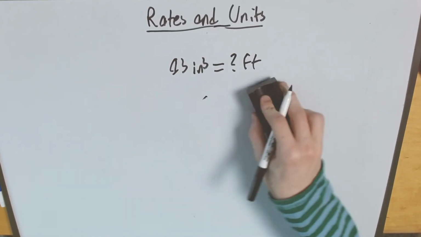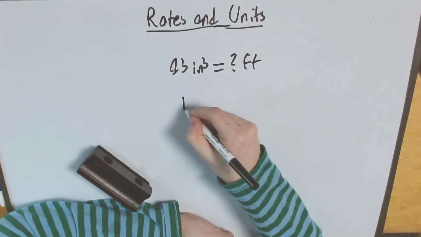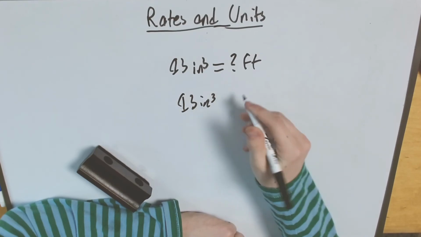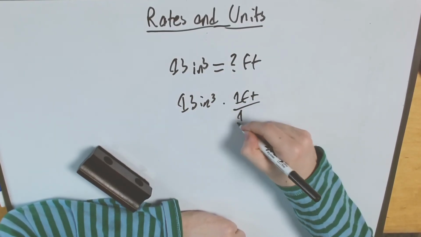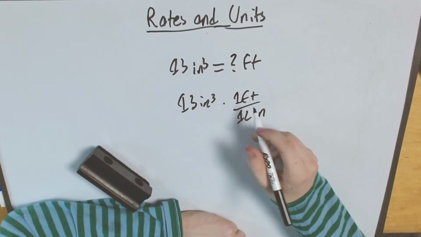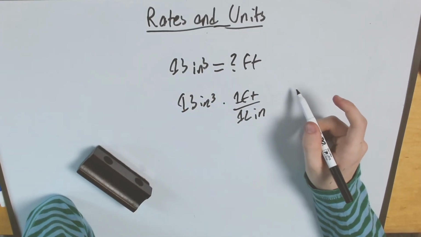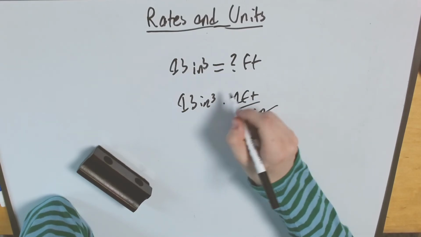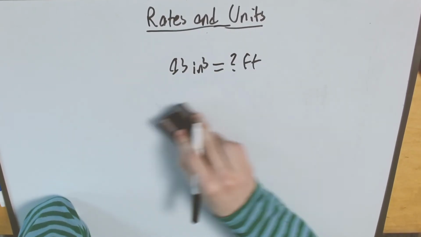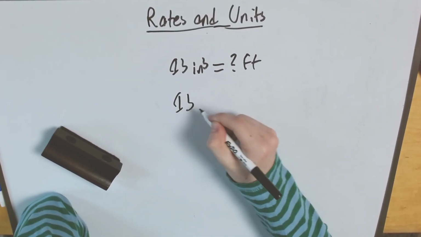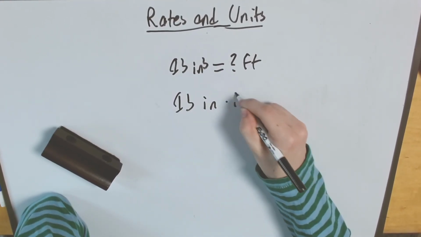And if I were to do what I did earlier, multiply by 1 foot over 12 inches, I get an interesting phenomenon. I would be able to cancel out the inches here, but what I'm really doing is canceling out a single inch out of the 3 inches I'm multiplying together.